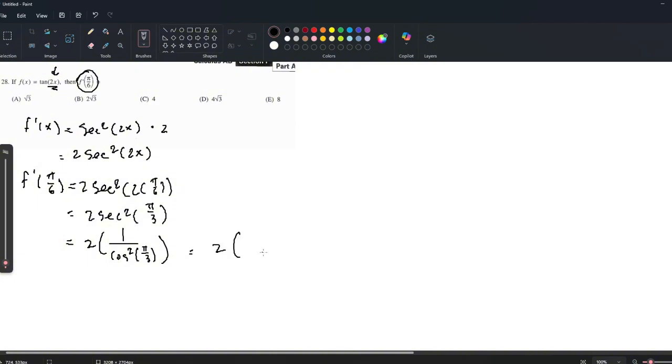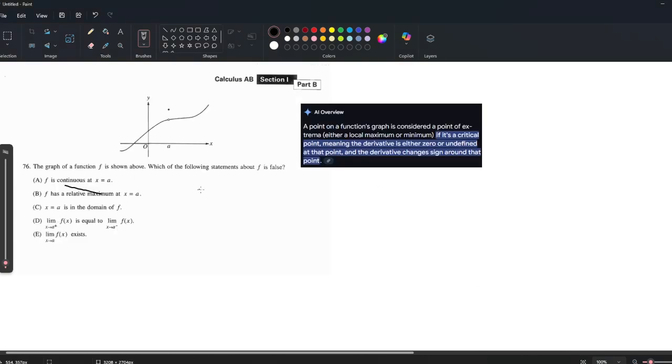And cosine pi over 3 equals 1/2. And don't forget that cosine is squared. So that's going to be 2 times 1 over 1/4. And that's going to be 2 times 4. That's going to equal 8. So our answer is E.